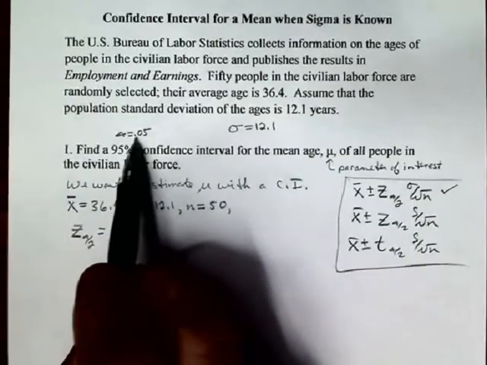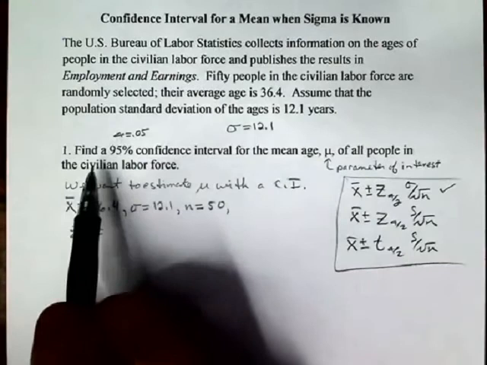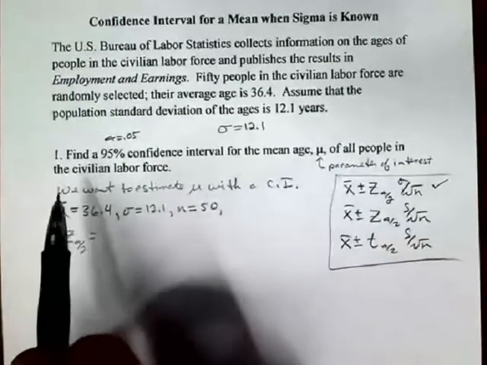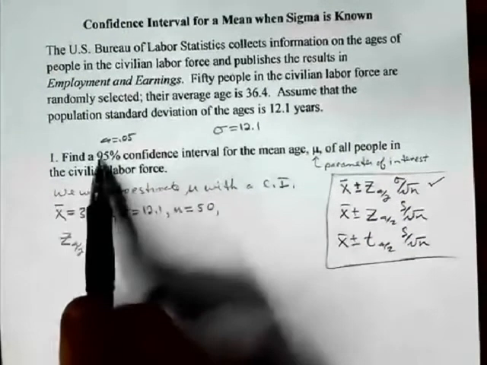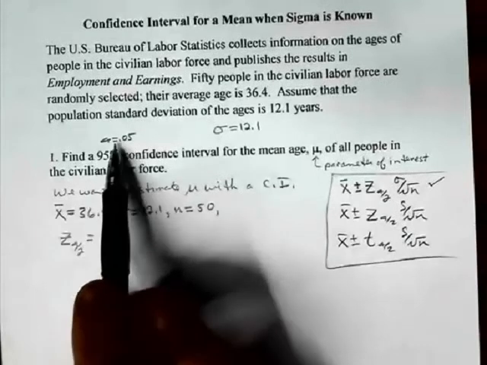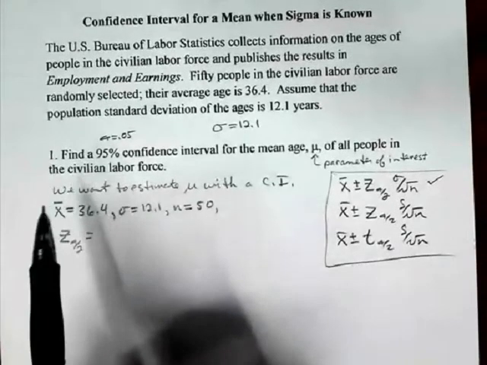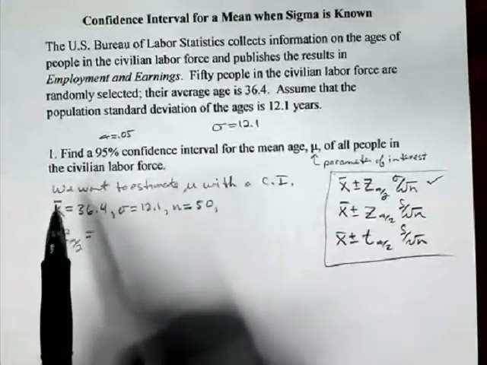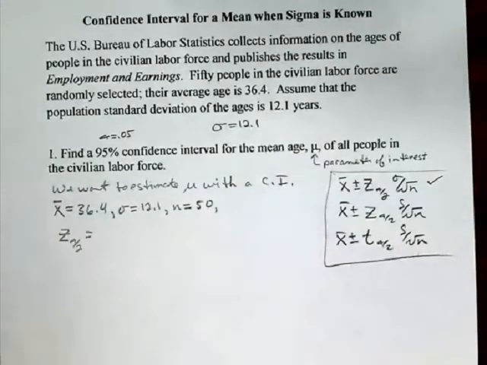So that means 5% of the time, or with alpha percent of the time, it will not capture the parameter that I'm trying to estimate. So you desire this number to be big and the alpha to be small, but there is a trade-off between alpha being small and the width of the interval not really being of a usable length.